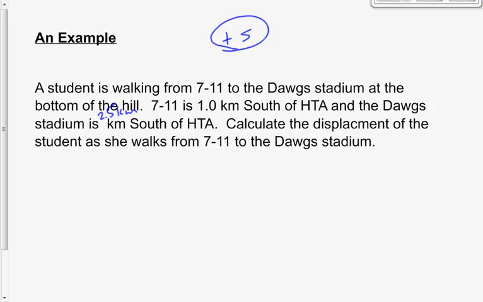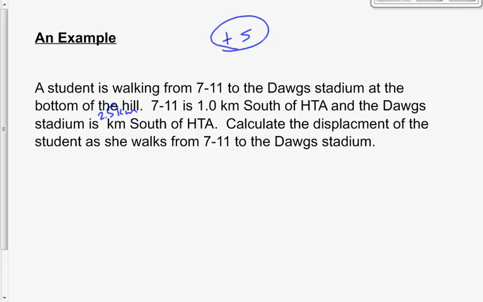I am 1 kilometer south, or 7-Eleven is 1 kilometer south of HTA. It doesn't say that I walked 1 kilometer from HTA to 7-Eleven. I had to get there somehow, but maybe I didn't start at HTA, right? We're saying this is how far 7-Eleven is away from HTA, but we never said that I started at HTA. This is where 7-Eleven is. 7-Eleven isn't going anywhere. 7-Eleven is in this spot, 1 kilometer south of HTA.